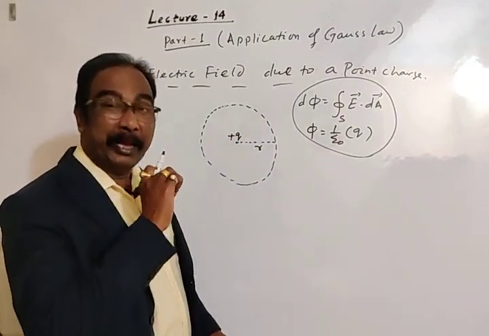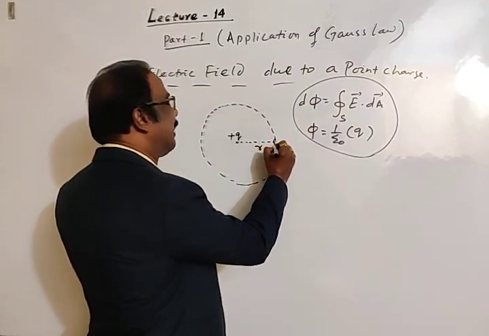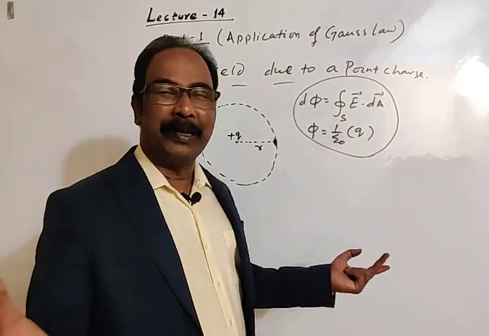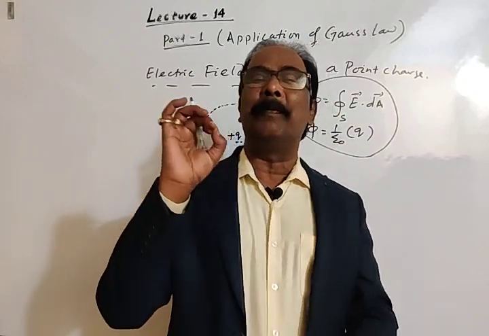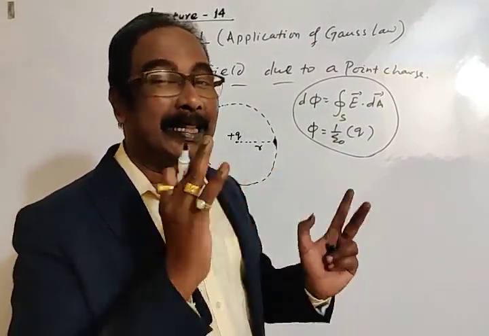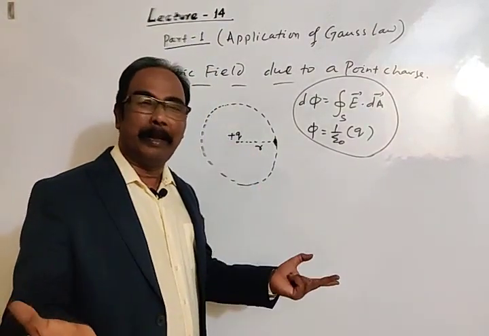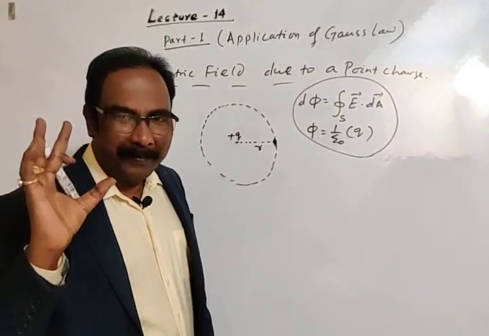Then let's imagine here an elemental surface dA, and as we have discussed, for a closed surface, the direction of elemental area is always outward. In this case, for a point charge, the direction of electric field is radially outward, as we know.